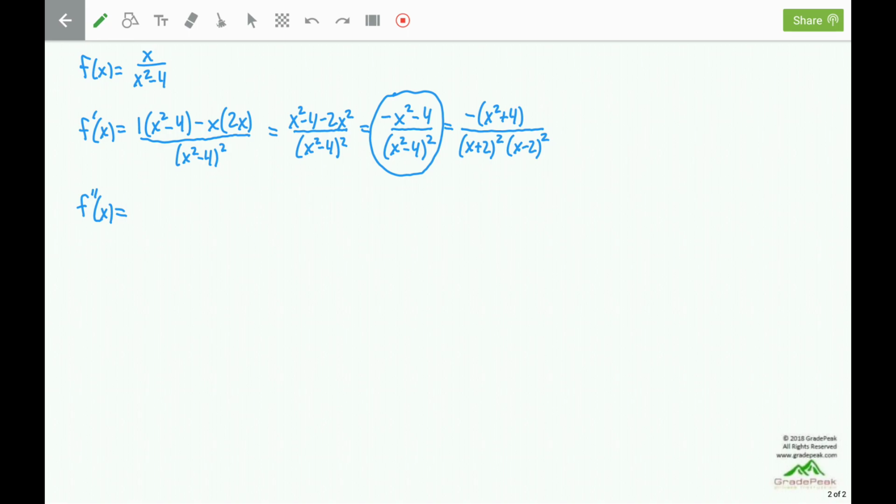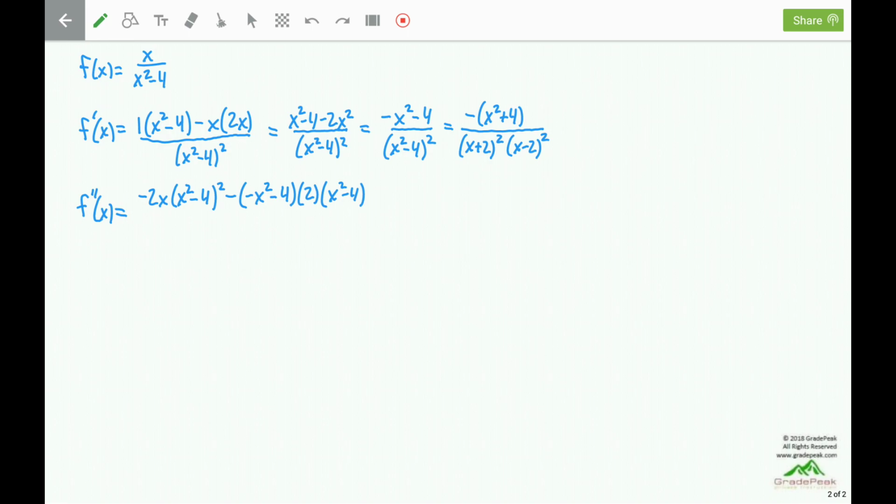It is a quotient of two expressions of x, so the second derivative will also require the quotient rule. Derivative of the numerator, which is -2x, times the denominator left alone, x squared minus 4 squared, minus the numerator left alone, -x squared minus 4, times the derivative of the denominator, which is a power rule: bring the 2 down, leave the inside alone, x squared minus 4.